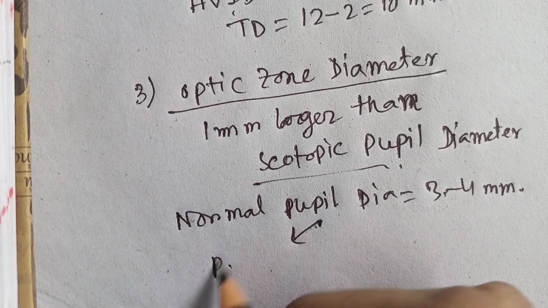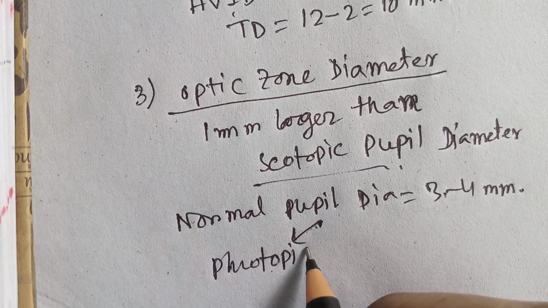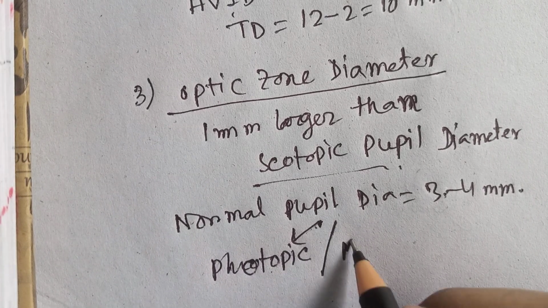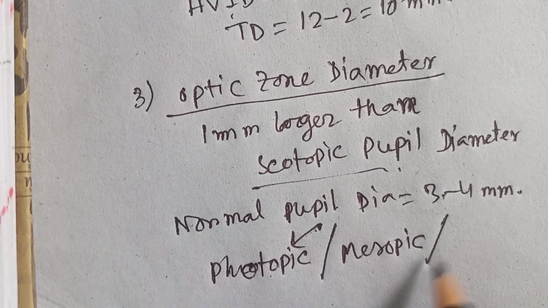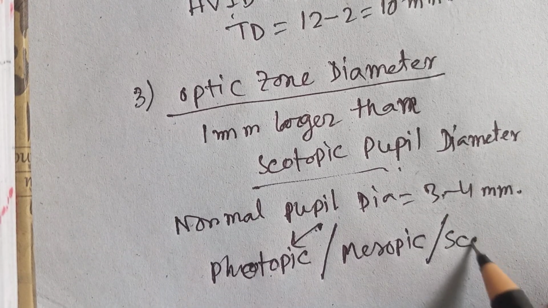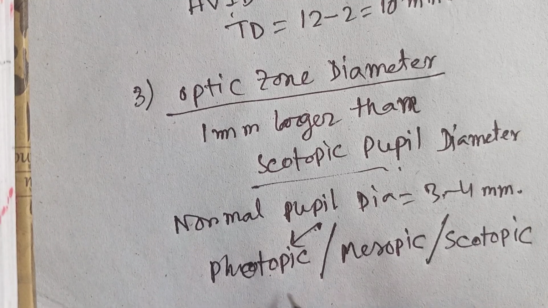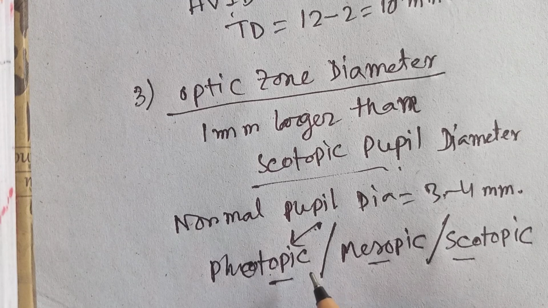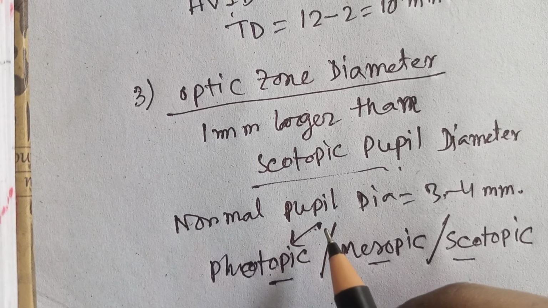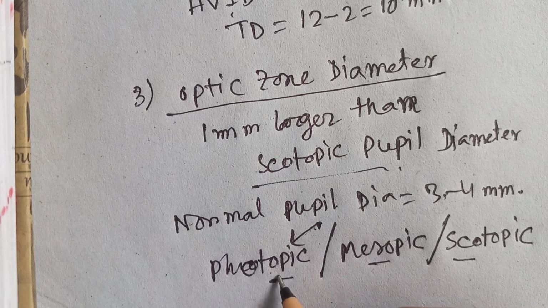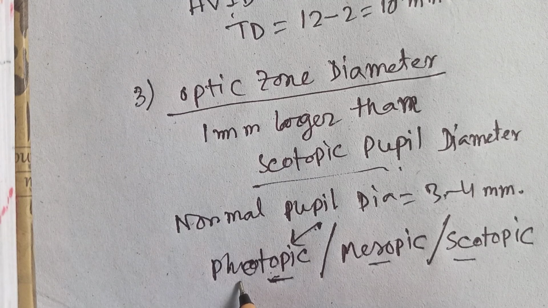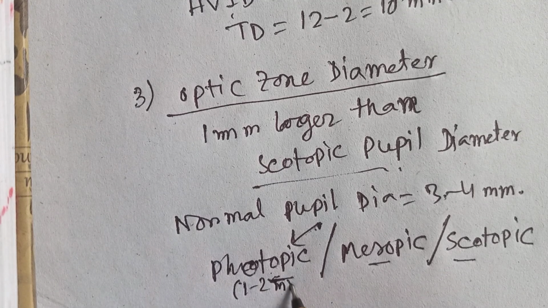One is the photopic, one is the mesopic, and one is the scotopic pupillary diameter. These are the three conditions of illumination. When a direct light is shown into the eye, the pupil is very much constricted, so that is the photopic pupillary diameter, which is about 1 to 2 mm.